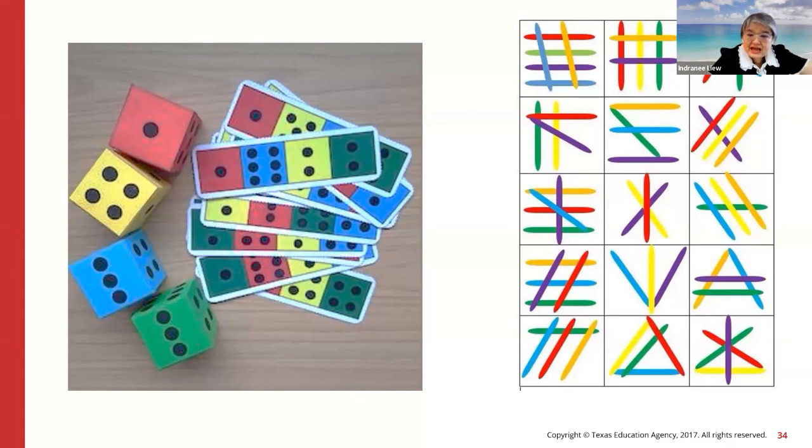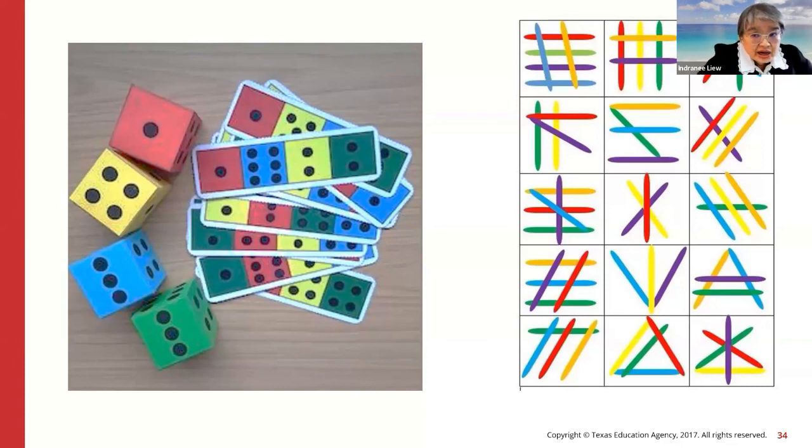You print this out and give the children colored, what do you call those? Colored ice cream sticks. Okay, and then they will make these shapes. There are two ways of doing this. One, if the children are more able, okay, normal IQ, you give them this in a small card, then they will take ice cream sticks and they will arrange.